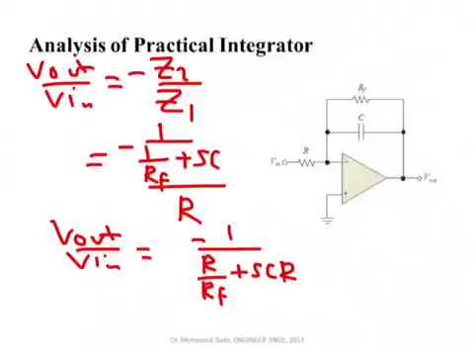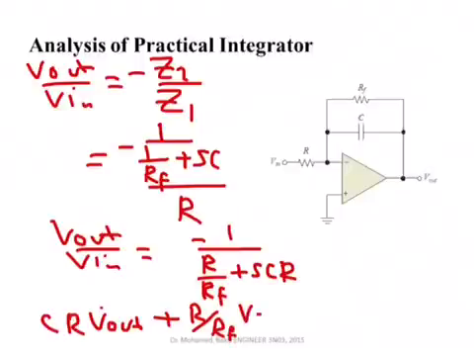So now I can write this equation in this form, that CR V out dot plus R over RF V out is equal to minus Vn. This expression is identical to the one that we had for the ideal integrator, where this resistor was not there, but we have this error term. This is an error term. It's related to V out.